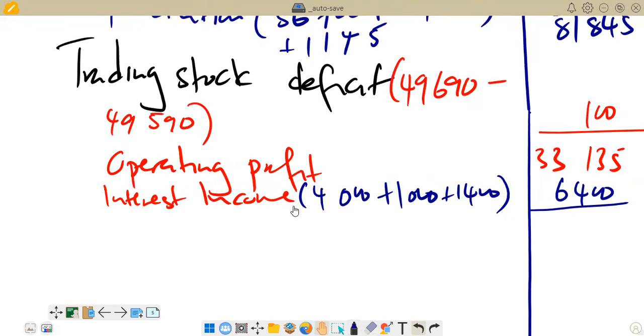There we are saying 33,135. Then we add 6,400. Then we get 39,535.